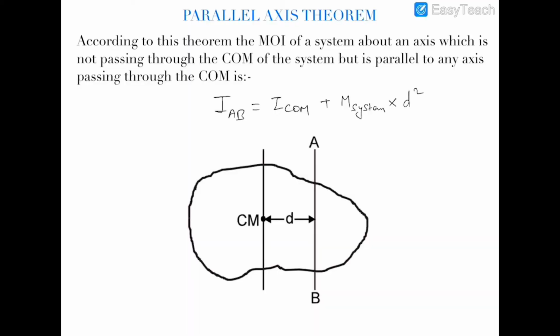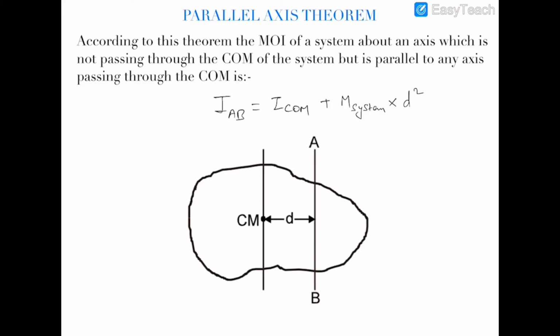So this is the parallel axis theorem, which says that the moment of inertia of a system about an axis which is not passing through the center of mass, but that axis is parallel to one of the axes which is passing through the center of mass.